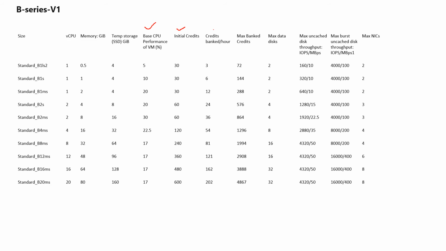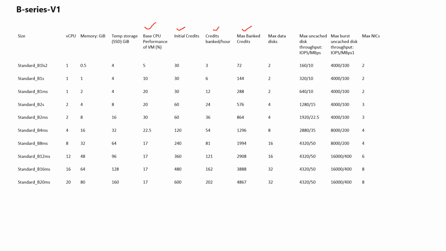Then you have credits banked per hour, the number of credits a B series virtual machine accumulates per hour if the VM is idle, that means no CPU performance consumption. And then you have the max banked credits, the upper limit of credits a B series virtual machine can accumulate. Upon reaching the upper limit, a B series VM can no longer accumulate more credits.